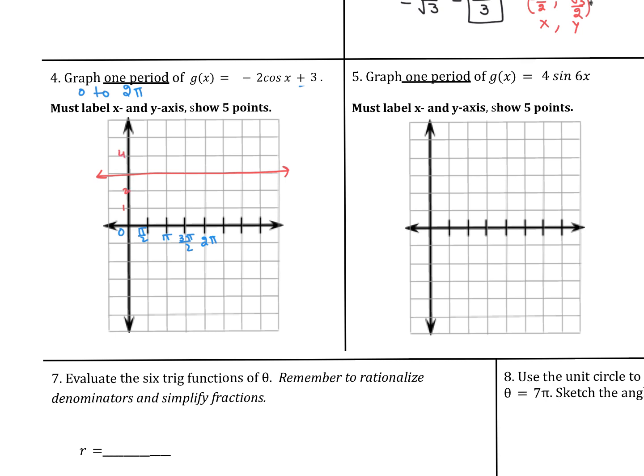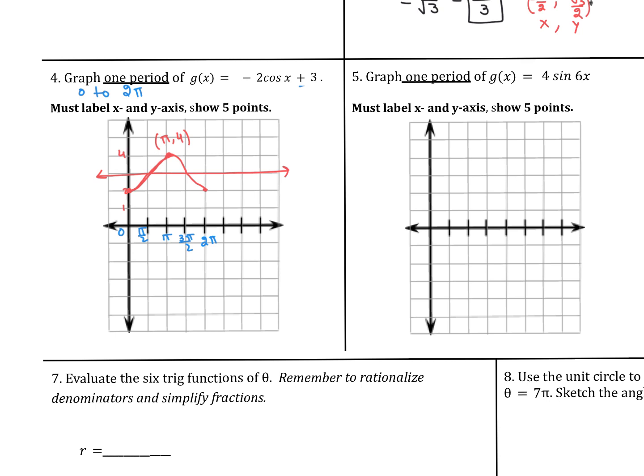Lowest point 1, it touches the axis, crosses at pi over 2, reaches the maximum at pi, crosses at 3 pi over 2. This point is pi comma 4.